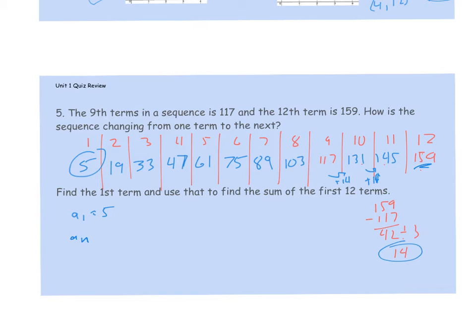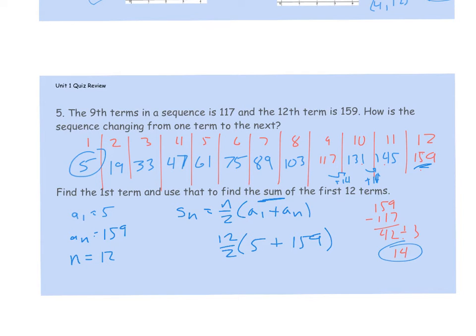A sub n equals 159. And well, we're finding the first 12 terms, and it says find the sum. So we're using that S sub n formula, the sum formula, n over 2 times a sub 1 plus a sub n. 12 terms, so 12 over 2, a sub 1 is 5, plus 159.